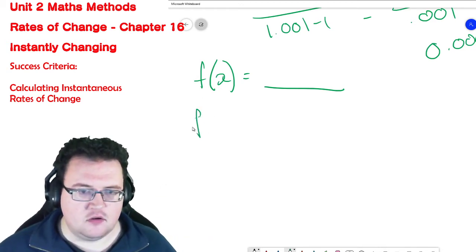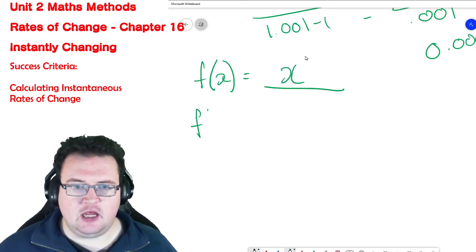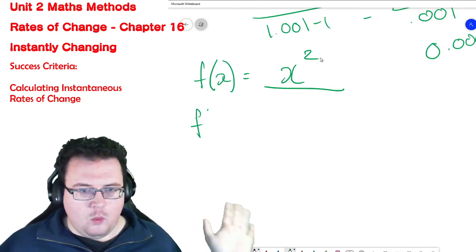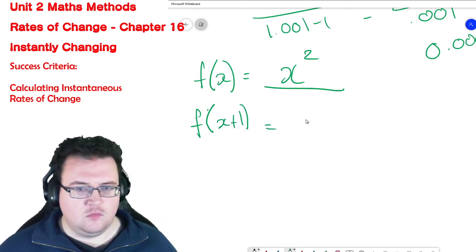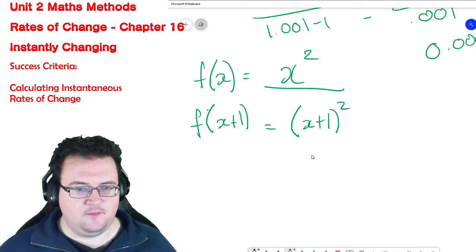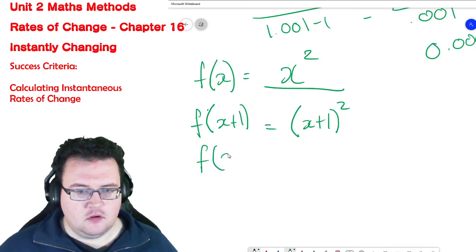And I have, so for example, f of x equals x squared. Well, what is f of x plus 1? Well, that's x plus 1 squared. What is f of x plus 0.1?